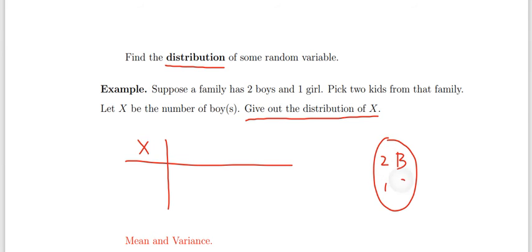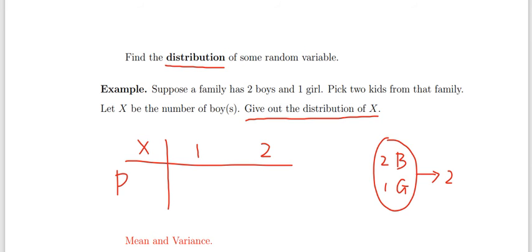We have 3 kids. From here, pick 2. So this X, the number of boys, can be 1 boy or 2 boys. It cannot be 0 boys or 3 boys, right? So this X can only be 1 or 2.